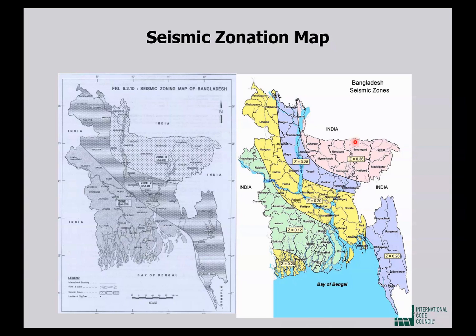There is this zone 4. Previous version of zone 3 has become zone 4. So why is it so? As you can understand, the seismicity of Dhaka and Chittagong is actually different. Chittagong is a more seismically active region than Dhaka.